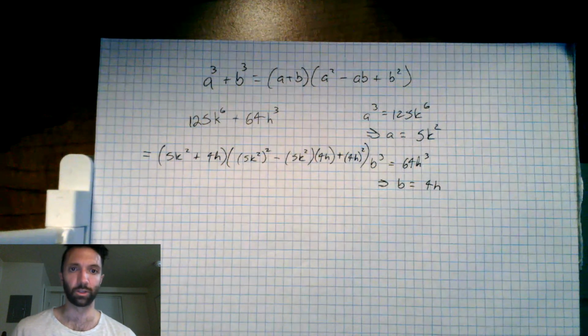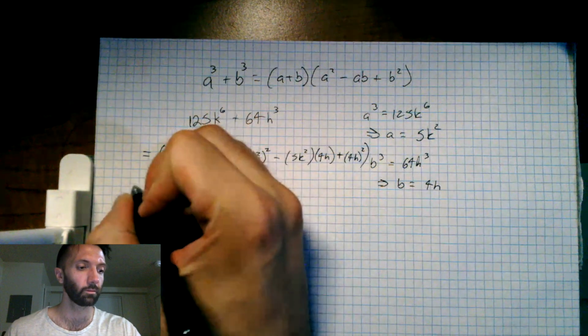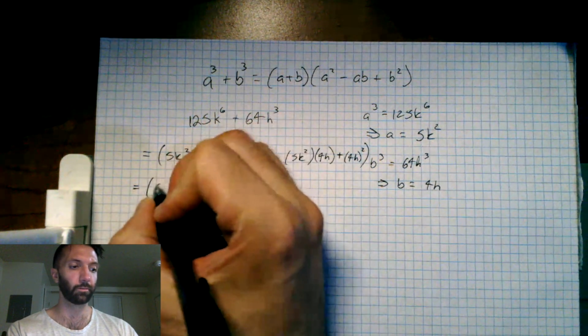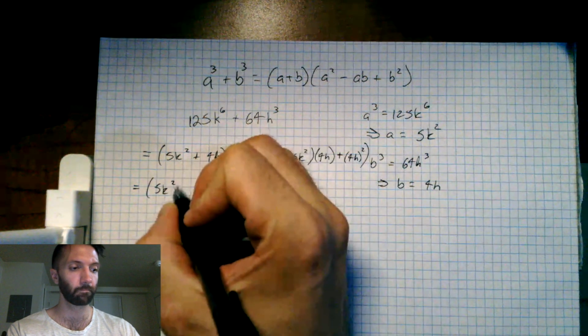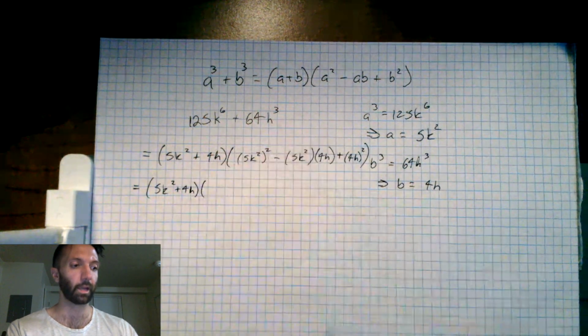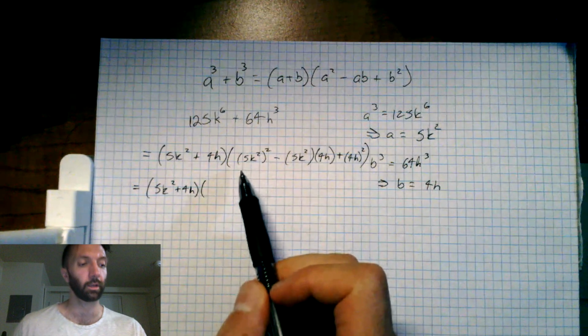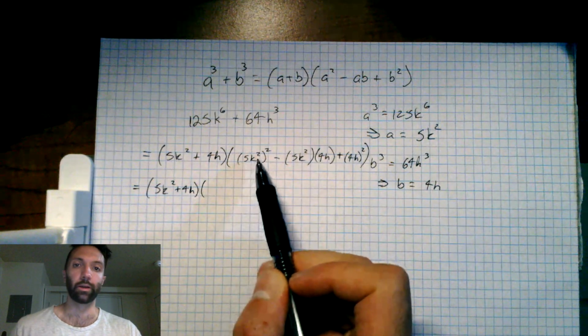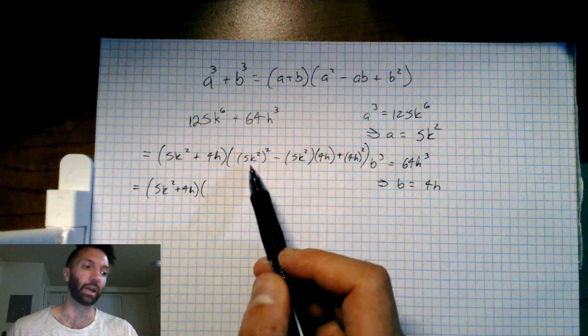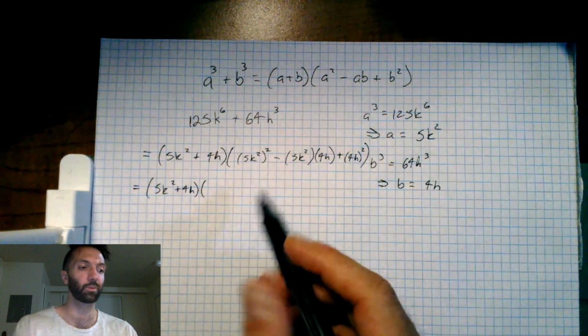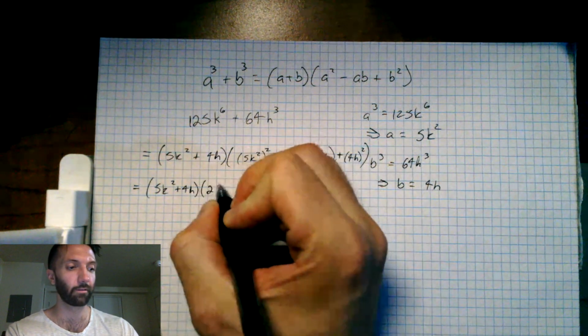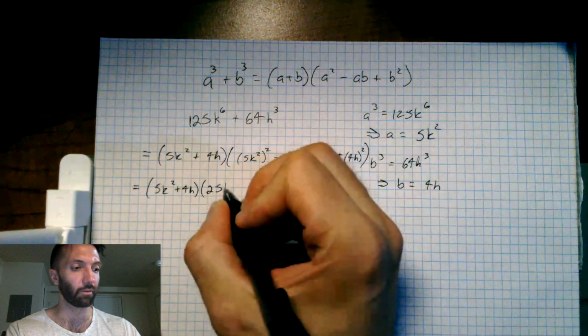Okay, and now we can just simplify. We still have our binomial. And now this is where we can do our simplification. 5k squared squared means 5k squared times itself, so that's going to be 25k to the fourth.